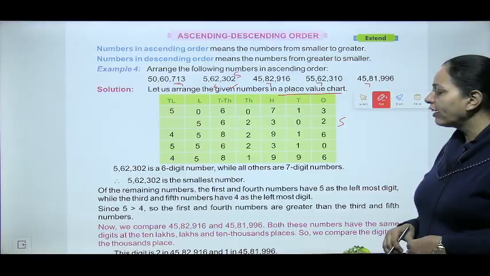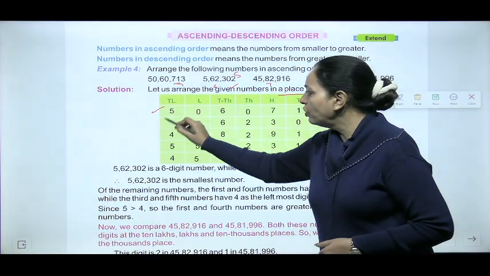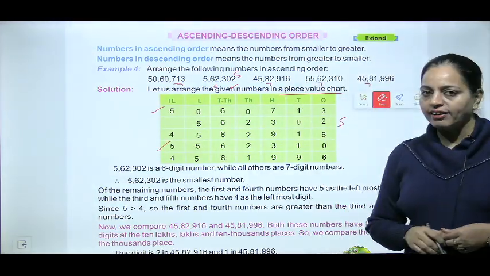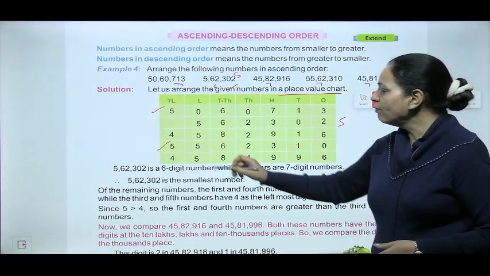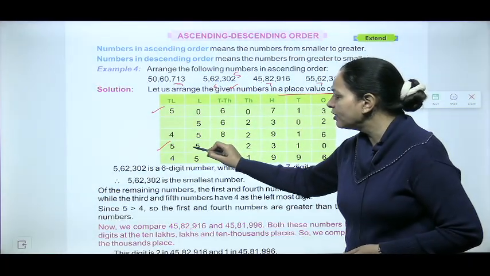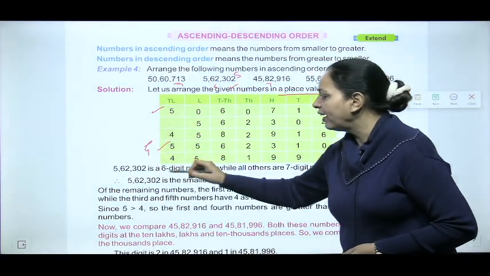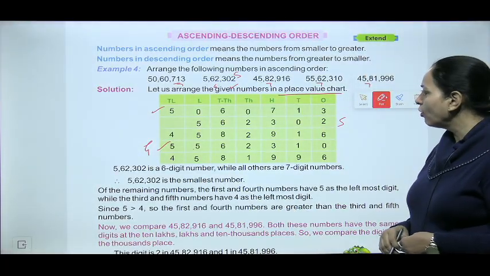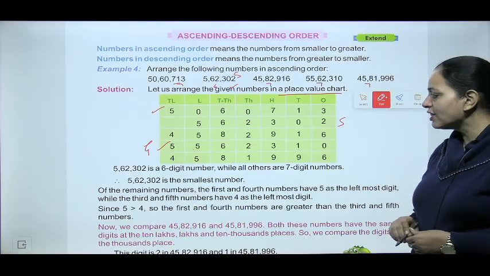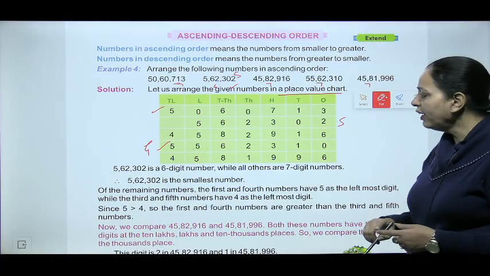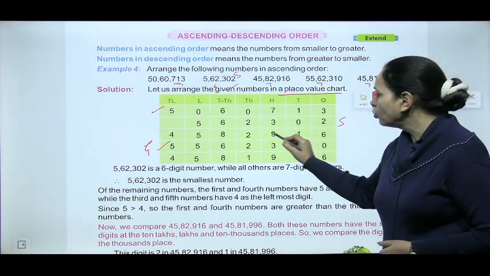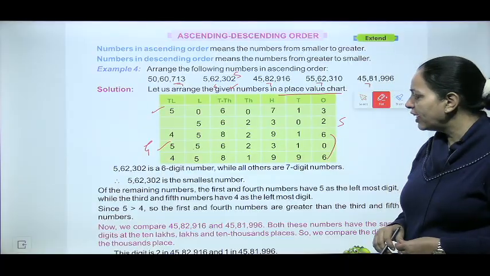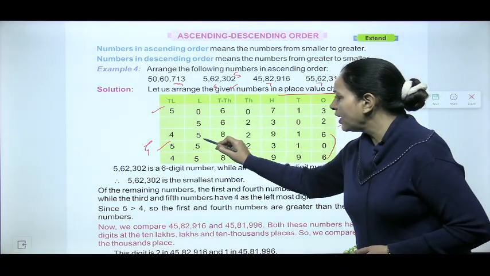Now we have to find the greatest one. Out of these two, one is greater. You can see this is the same, so compare the lakh digit. So this is the greatest one. Okay, so we have to write in ascending order. First write the smallest number, then out of these two, which one is greater? Same, same, same, same.